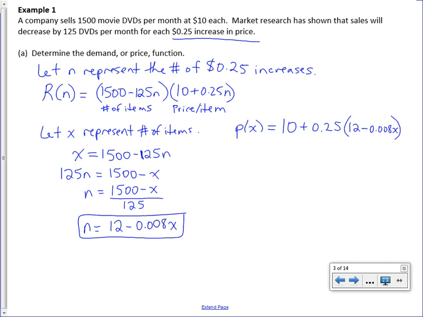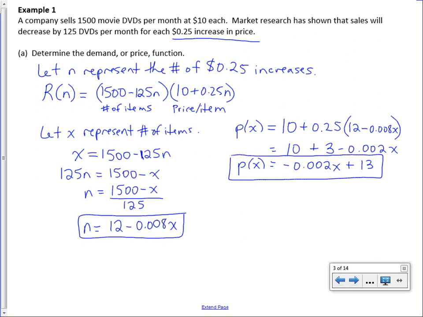It just becomes a little distributive property. 0.25 times 12 is 3. 0.25 times 0.008 is 0.002. So I got negative 0.002x plus 13.